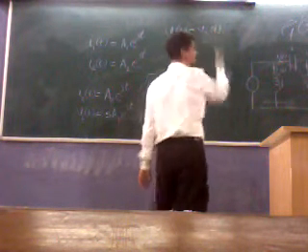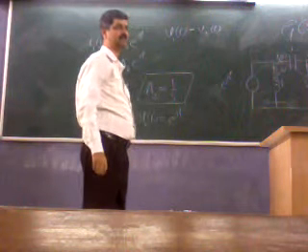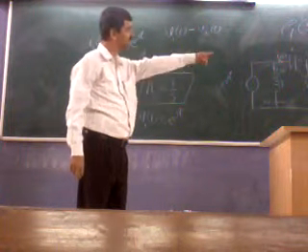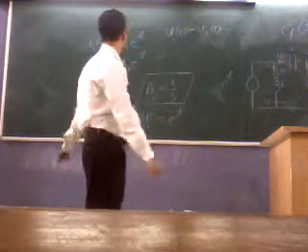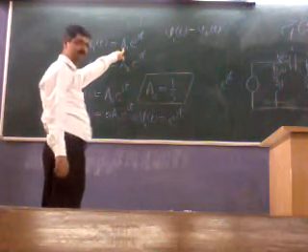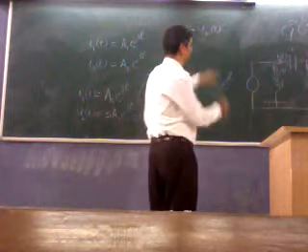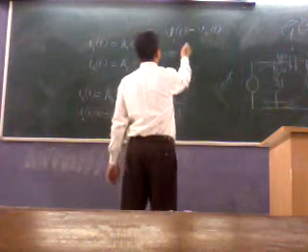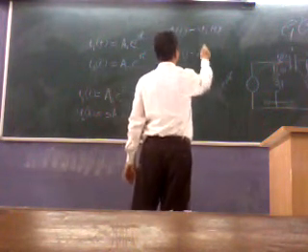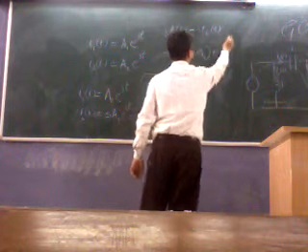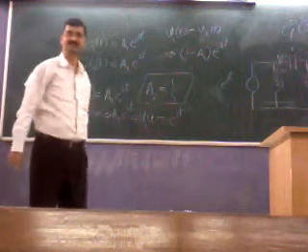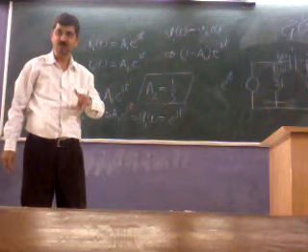It is the voltage across the capacitor. What is V2(t)? A1 e raised to st itself. So what is V1(t) minus V2(t)? V_C(t), which is 1 minus A1 e raised to st.